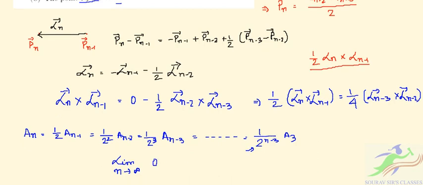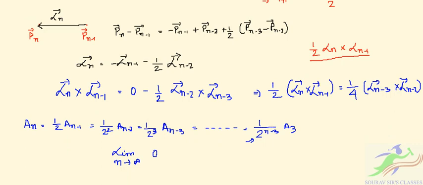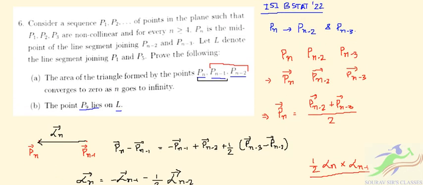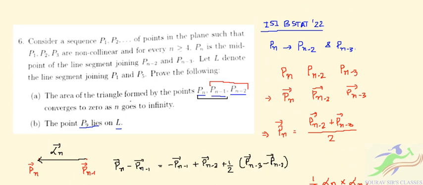So what we get is that as n tends to infinity, An tends to 0. This proves our first part: the area of the triangle formed by the points Pn, Pn minus 1, Pn minus 2 converges to 0 as n tends to infinity, right? So this is proved. Now the point P9 lies on L.